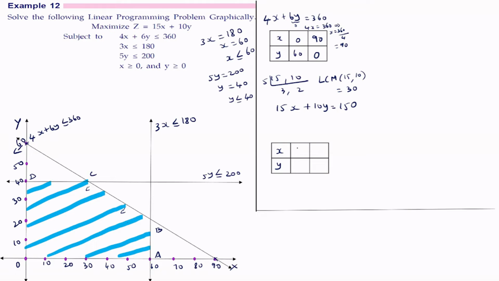When we put x as 0, this term will become 0, 10y equal to 150, so y is 15. And when we take y as 0, this term will be 0, 15x equal to 150, so x will be 10. Now we have to draw a line joining the points 0, 15 and 10, 0.